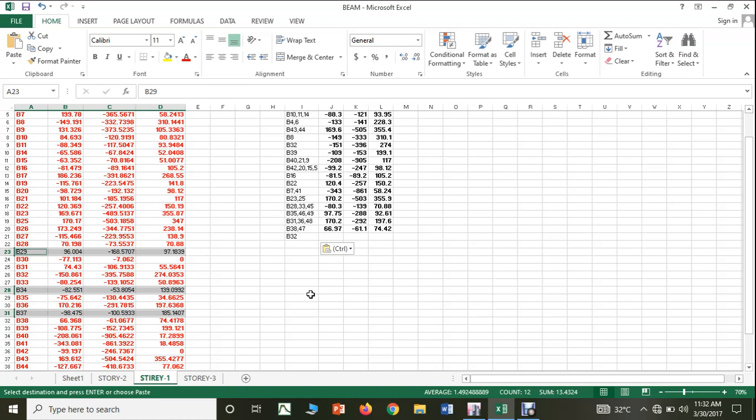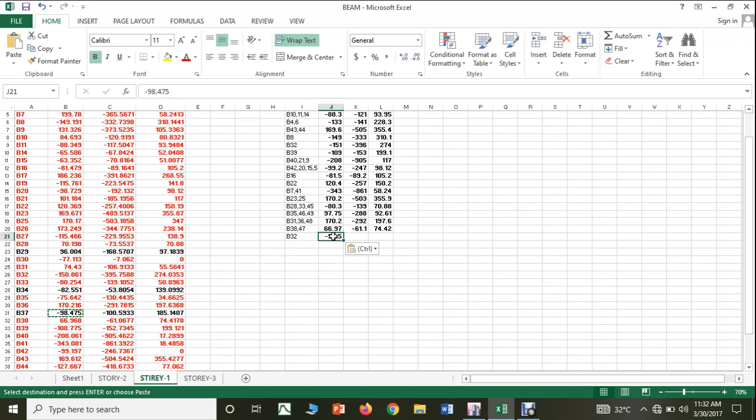Then 97, 135 and 85, so 185 will be highest. So therefore 98 will be highest here, then 168 will be highest here, then finally 185 will be highest here. Right? Yes, so this is how the grouping of your 29, 34, 37 is done.